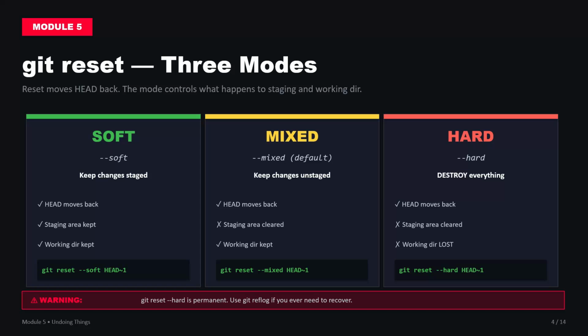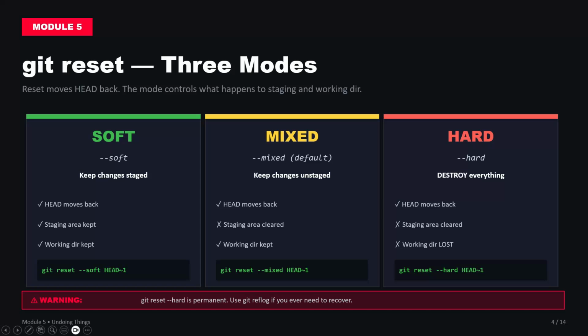It means the changes will be unstaged, whereas the working directory will be kept as it is, the local working directory. Whereas in hard reset, HEAD moves back, the staging area is cleared, and the working directory is lost. So this is the difference between soft reset, mixed reset, and hard reset.